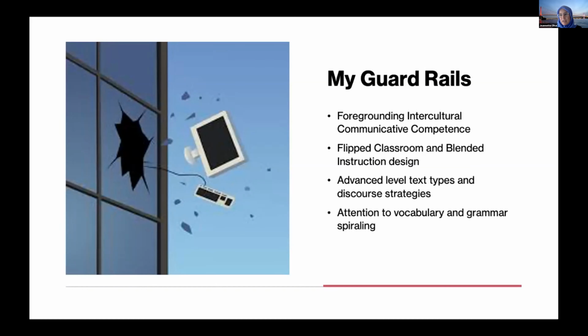Some of the principles that I did hold fast to included the ones listed here: foregrounding ICC, keeping the flipped classroom model and blended instruction design, which we use at my university, trying to include a huge variety of advanced level text types and discourse strategies to be practiced, and close attention to spiraling between the units, vocabulary and grammar spiraling.